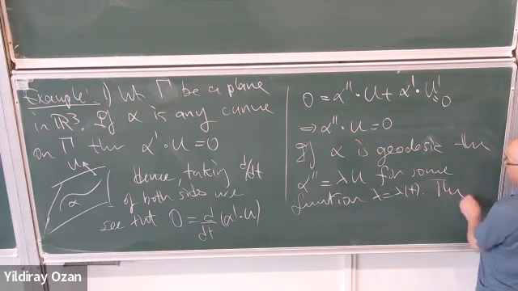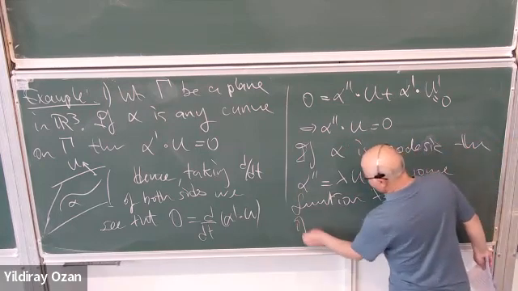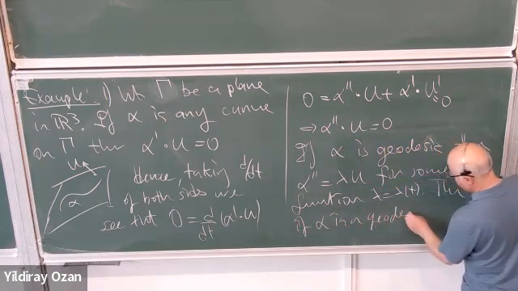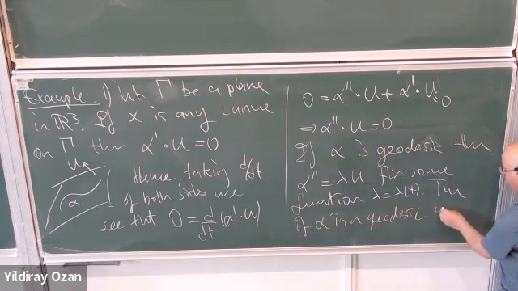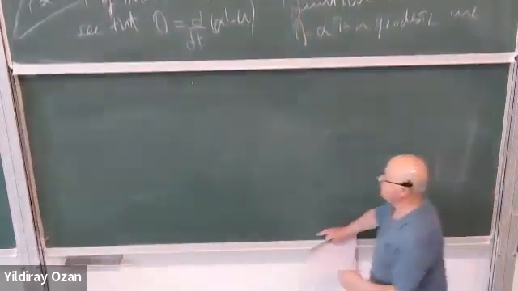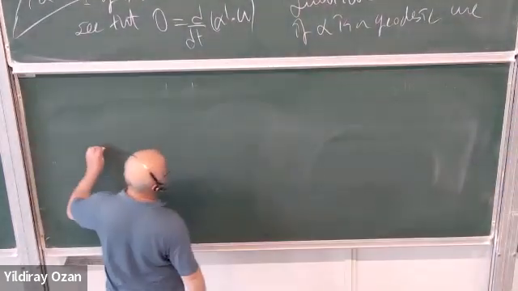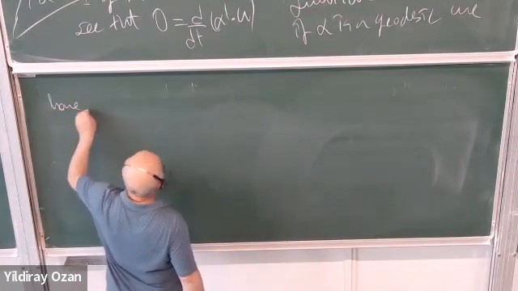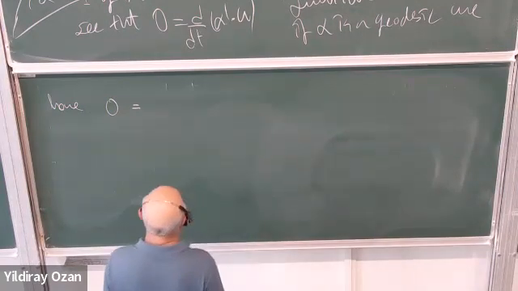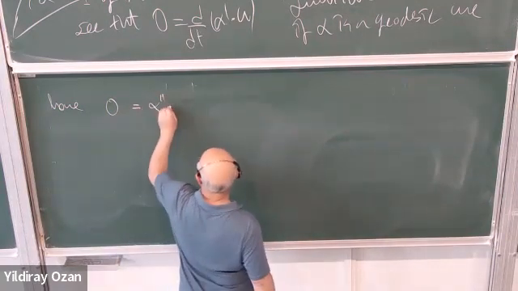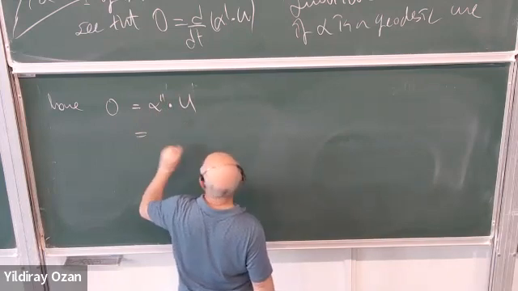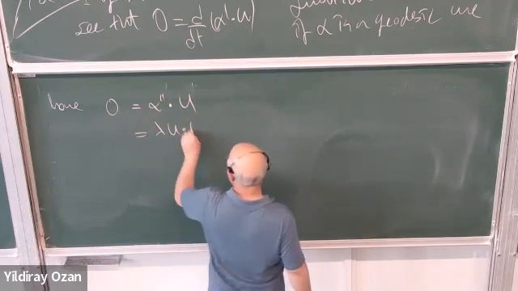Then if alpha is a geodesic, we have 0 is equal to alpha double prime dot u, but alpha double prime is just lambda times u dot product u.